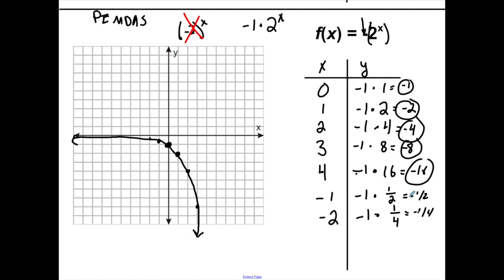It's never going to become 0 because the number on the top is always going to be 1. And so you have this similar idea, but the fact that we now have a negative means that this is no longer always increasing. This is always decreasing, because if you go from left to right, you're always going down. The y values are always getting smaller. They're getting more negative. Okay?